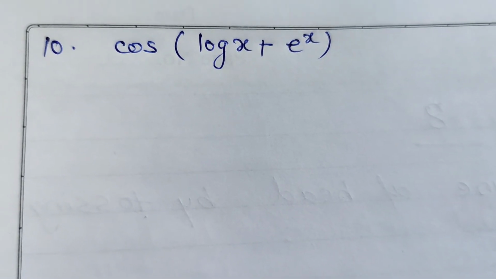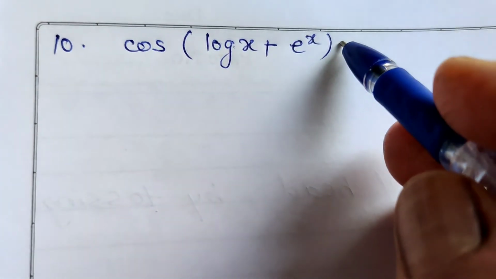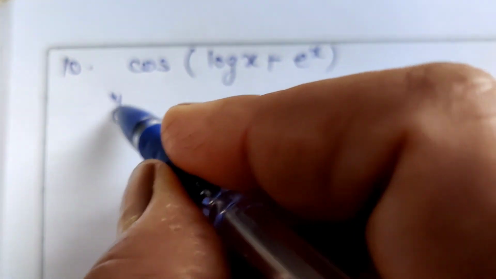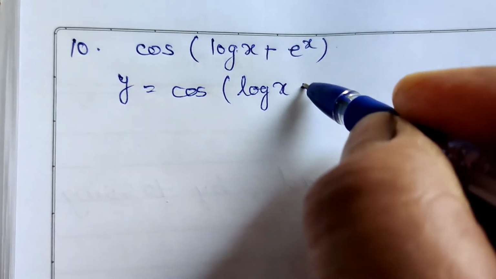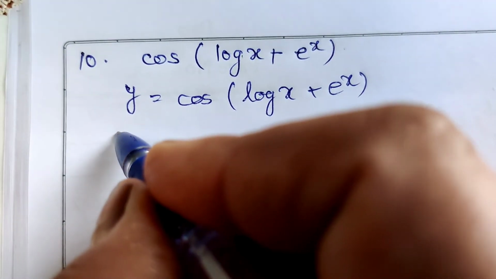And the last one is cos of log x plus e raised to power x. Y equal to cos of log x plus e raised to power x. Now differentiate.